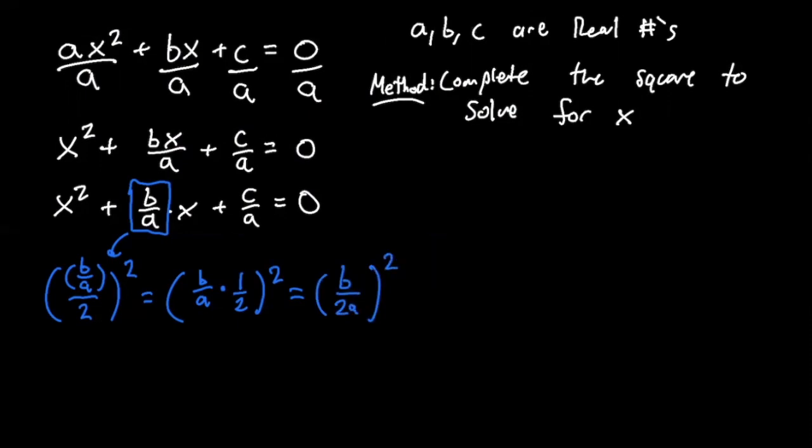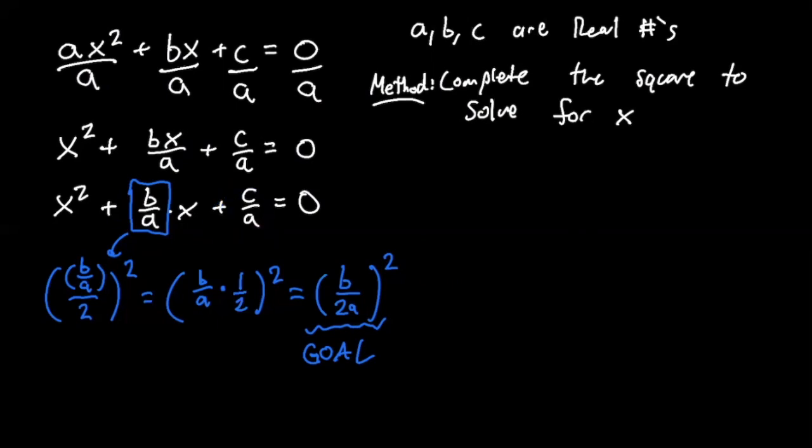So this is our goal for the constants place. We want b over 2a squared to be in our constants place.